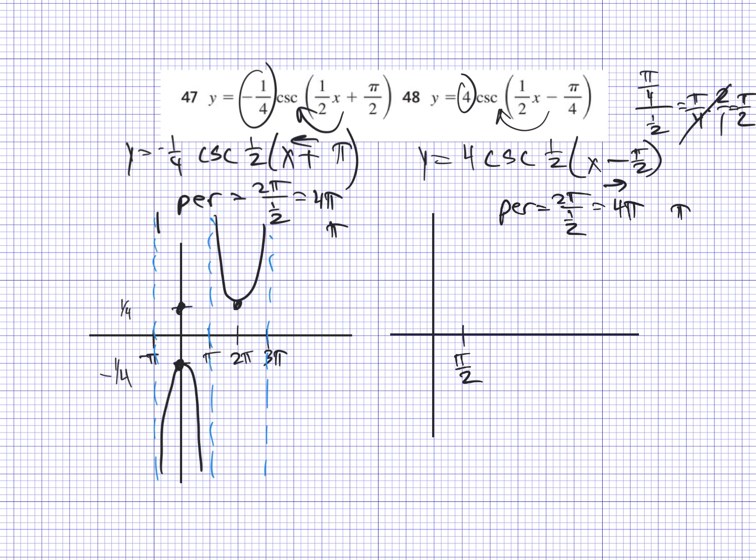So we're starting at pi over 2, we add pi, that gives us 3 pi over 2, plus another 2 pi over 2, which is 5 pi over 2, plus another 2 pi over 2, which is 7 pi over 2, and one more down there is at 9 pi over 2.